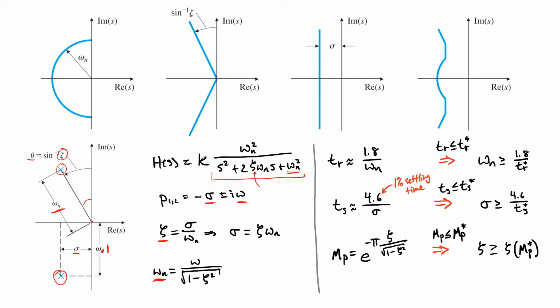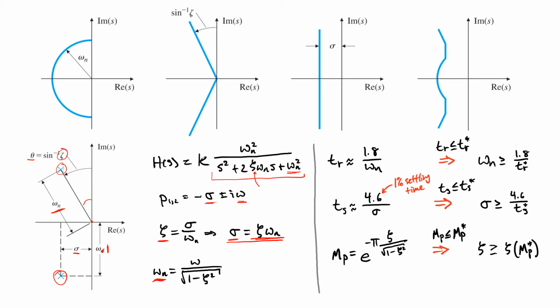That creates some nice relationships, and in particular there's a relationship that we used in our motivating example, which says that the real part is the product of these two factors.